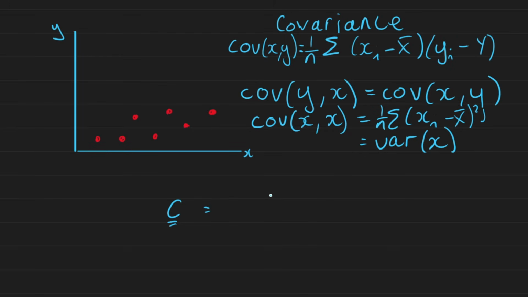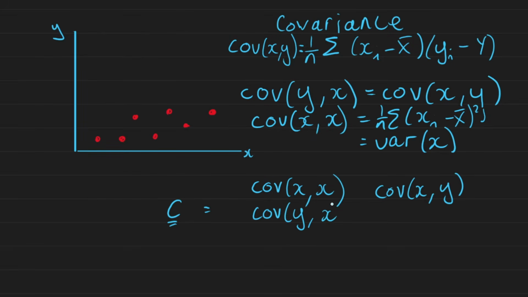So in the first row of this covariance matrix, we're going to have the variance of x, or rather let's write it like this. We have the covariance of x with itself, then the covariance between x and y, then the covariance between y and x, and the covariance between y and y.